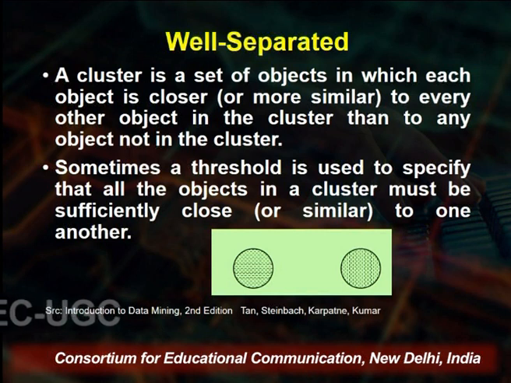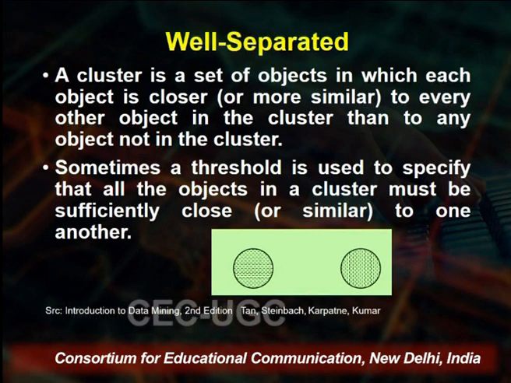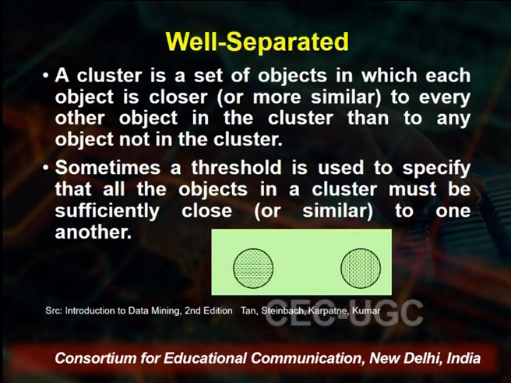So here what we are looking at is two dimensional dots, right, and these circles are representing the two different clusters which we are creating. So the objects within one circle are very closely related to each other, and they are not related to the objects in the other cluster. So we can say that this is a well separated cluster which has got no overlap.